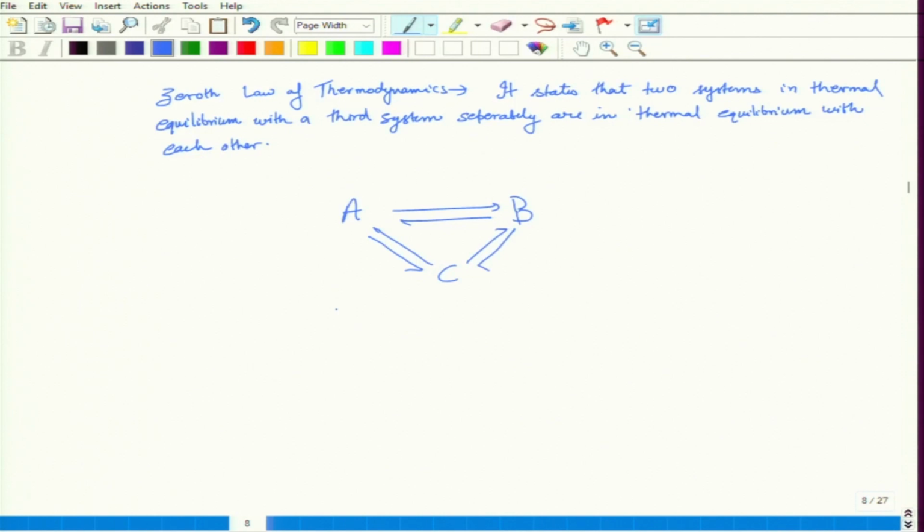So that is the zeroth law of thermodynamics. I will describe it with one example.